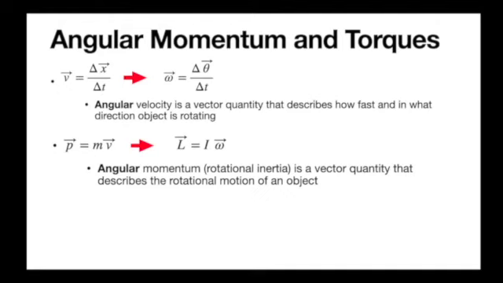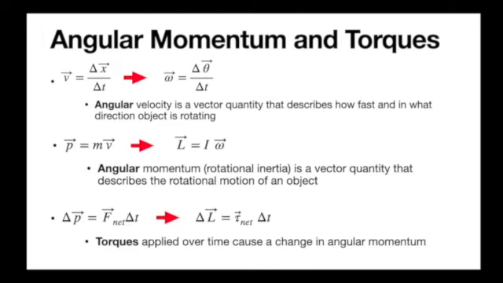Rotational inertia, or moment of inertia, is how hard it is to rotate it, how hard it is to stop it from rotating. We'll talk about how to calculate it in a sec, but it just gives us an angular equivalent for mass. And then our angular momentum is that overarching description of the object's rotational motion. So not just how fast it's rotating and along what axis, but how much rotational inertia it carries.